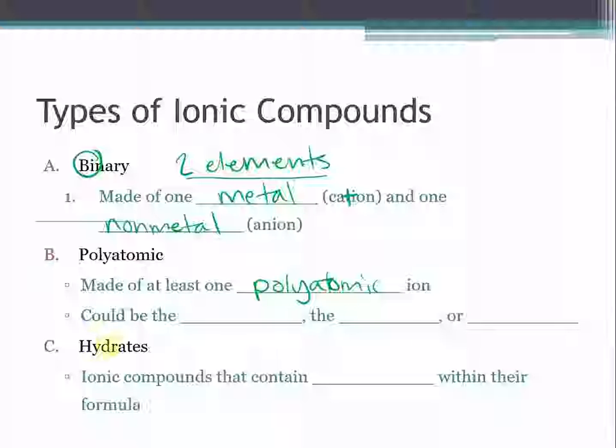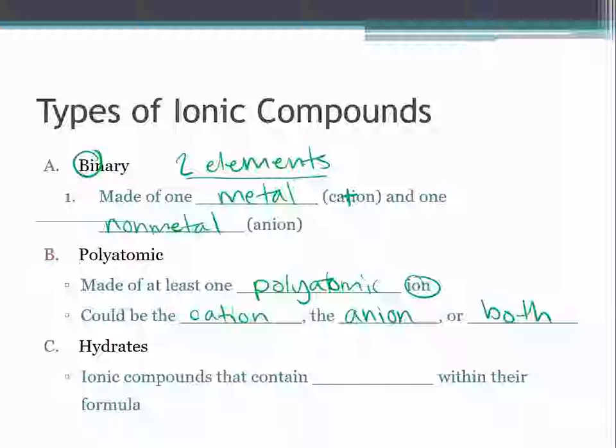The polyatomic ion in your ionic compound could be the cation, could be the positive thing. That's pretty rare, but it is possible. It could be the anion. That's more common. Or it could be both. You can have two polyatomic ions together making an ionic compound, but anything that is made of ions is ionic.